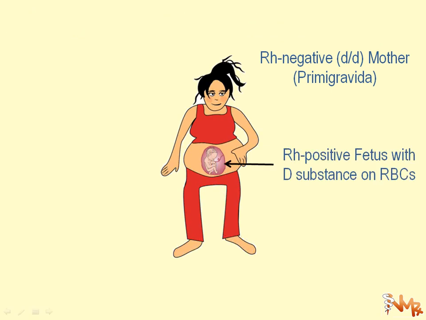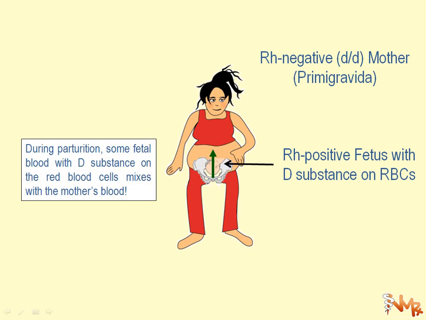Now her fetus is Rh positive, and as we can tell, the red blood cells of the fetus have D substance. Now she gives birth to her first child, and during parturition, some of the fetal blood with D substance on them mixes with the mom's blood.